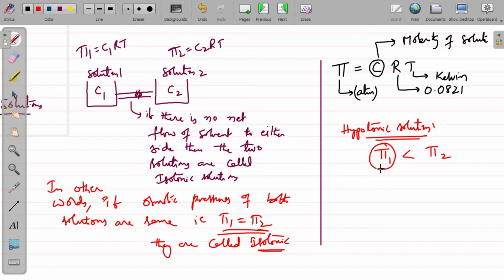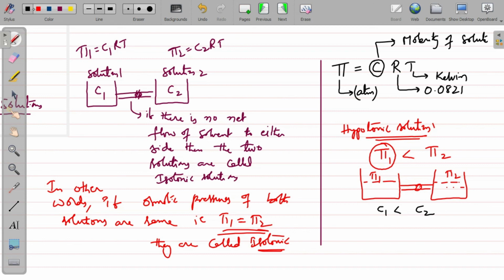For example, here the solution is connected through SPM to the other one. The second one has pi 2, the first one has osmotic pressure pi 1, and let's say pi 1 is less than pi 2. In other words, C1 is less than C2.